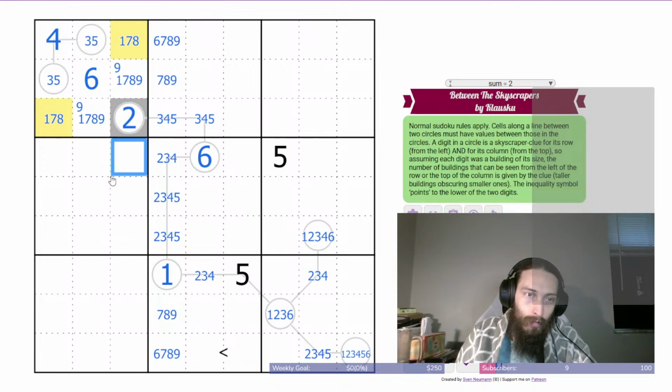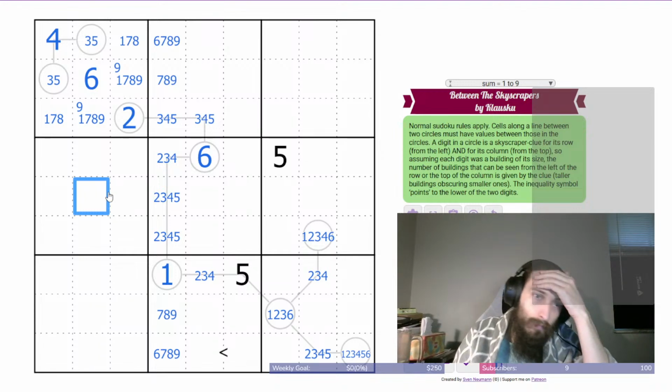Well, and the 2 can't have a 1 at the beginning. Well, it could be if it's 1, 9. Right. It just depends on where the 9 is. Right. But neither one of those corners can be 7.